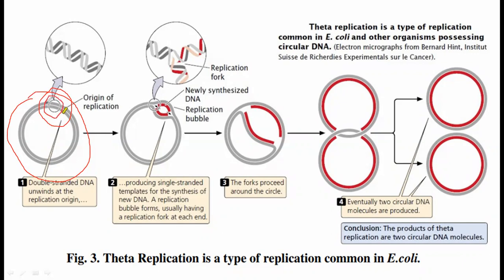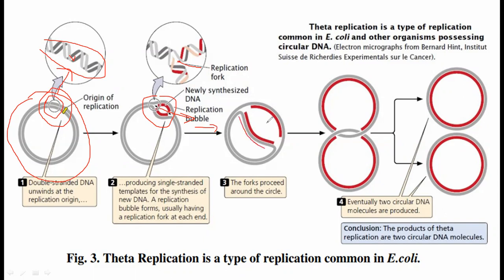This is the origin of replication, and it is a double-stranded DNA, right? So it has to unwind, it has to open so that the replication can start, and it opens like this. You can see this is called a replication bubble, or you can call it a replication fork. When it opens here, it's called a replication fork, and replication starts.